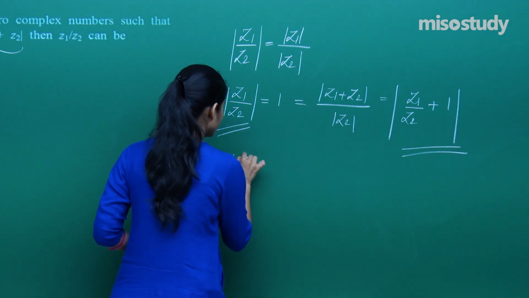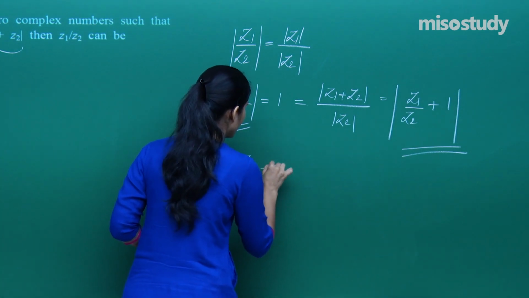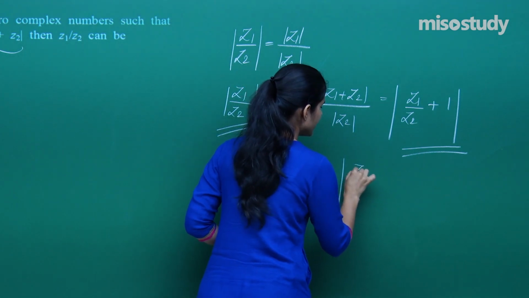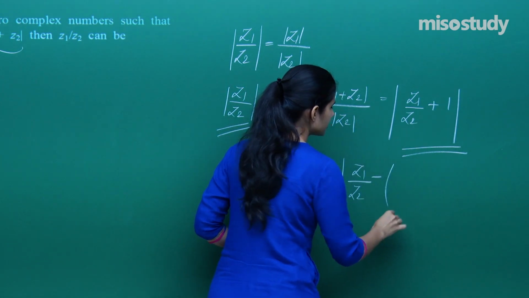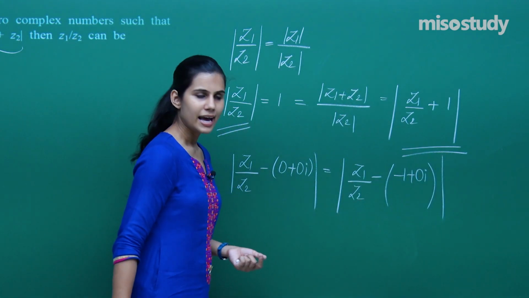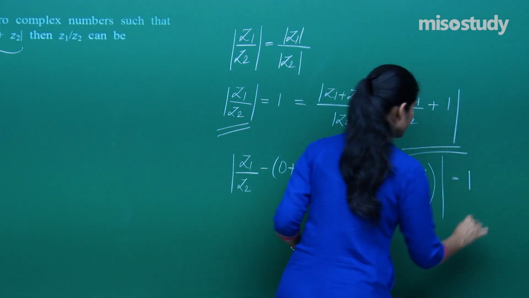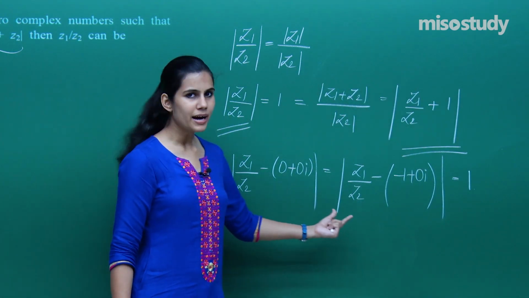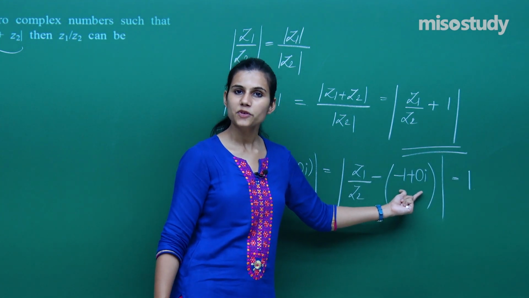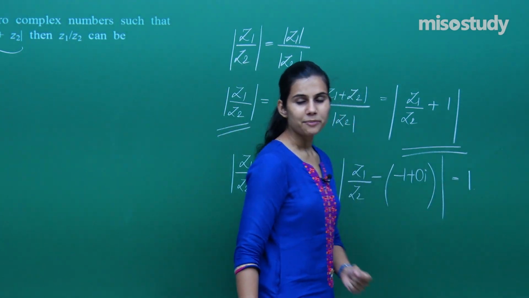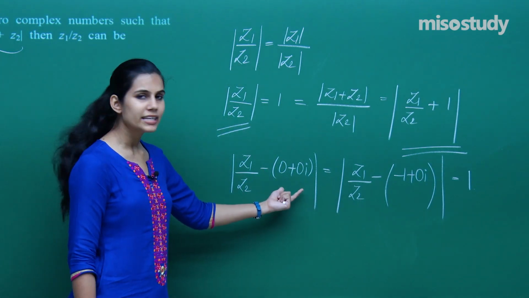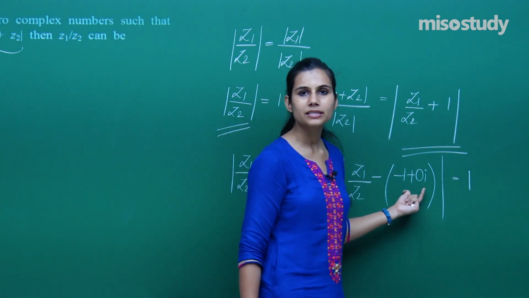That means I can write this as mod of Z1 by Z2 minus (0 plus 0 iota) equals mod of Z1 by Z2 minus (minus 1 plus 0 iota), and this is equal to 1. This means Z1 by Z2's distance from this complex number is same as its distance from this complex number, which is 1. That means Z1 by Z2 lies on the perpendicular bisector of the line segment joining 0 plus 0 iota and minus 1 plus 0 iota.